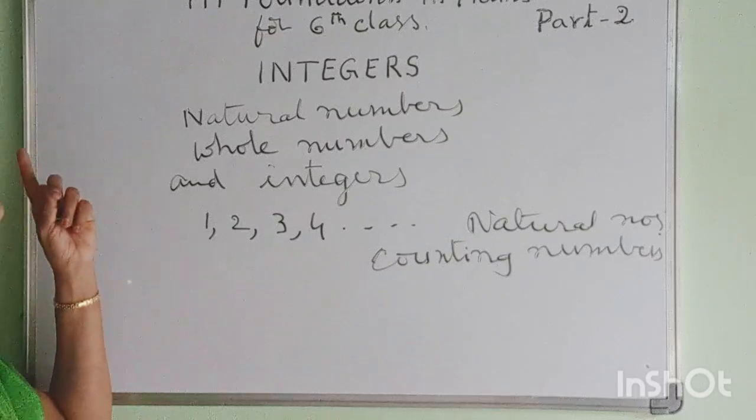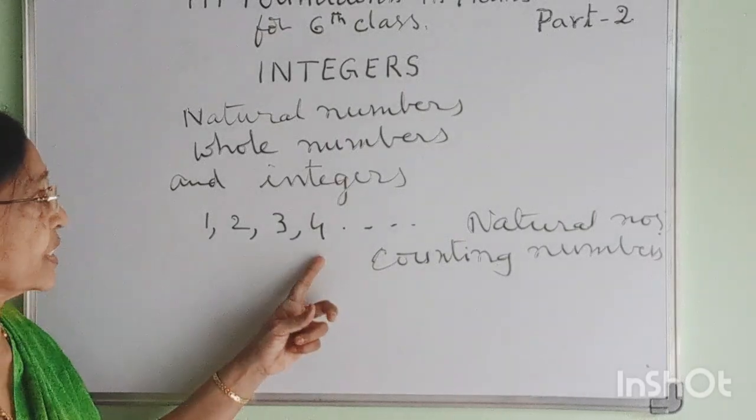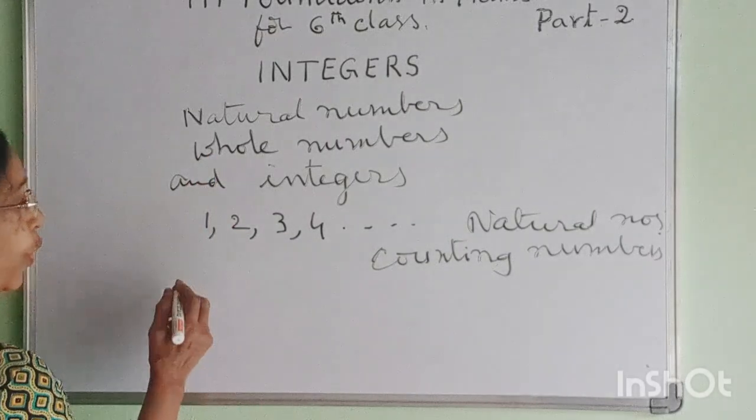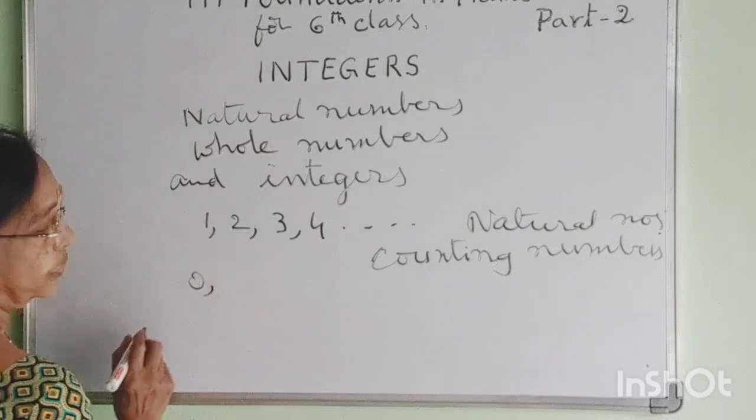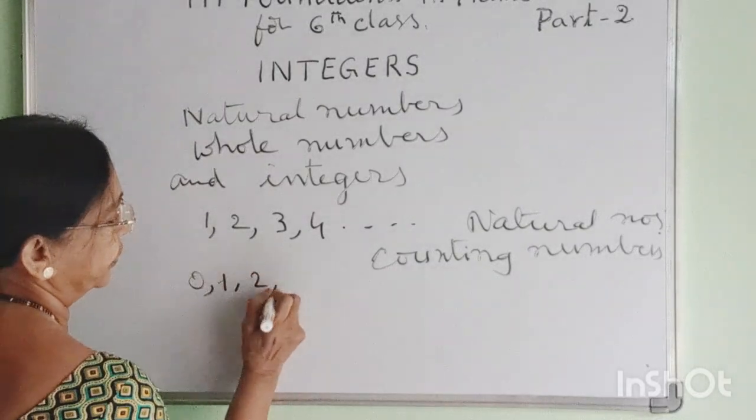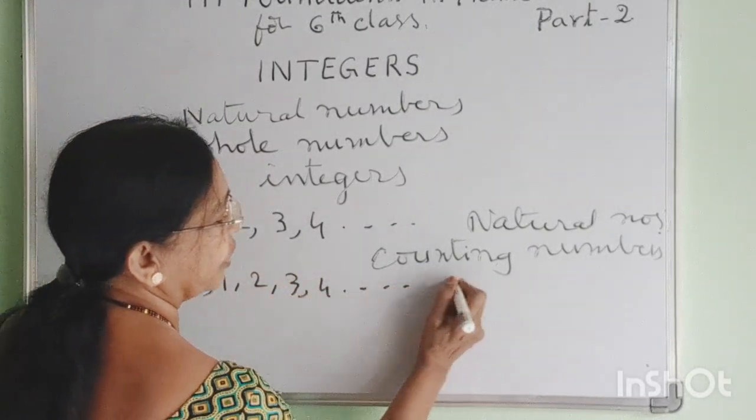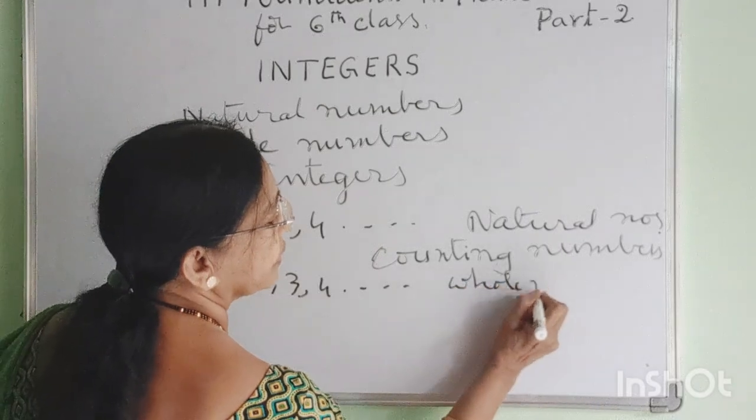Then, by adding 0 to the natural numbers, we form whole numbers. That is 0, 1, 2, 3, 4, etc. are called whole numbers.